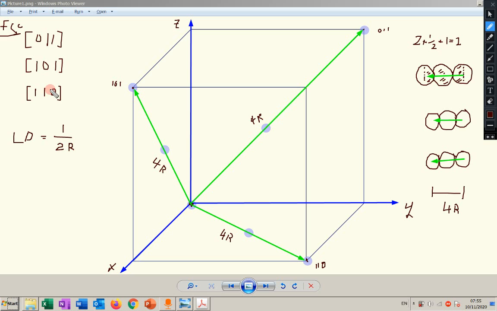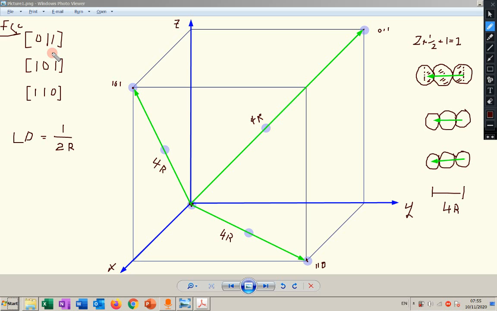Now you realize that there are different directions, yet they have the same linear density. So we call those directions a family. So family of direction is a definition we're giving to a set of directions that have the same linear density.